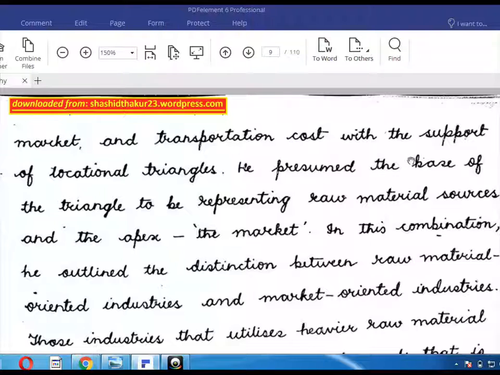He presumed the base of the triangle to be representing raw material sources, with the apex as the market. In this combination, he outlined the distinction between raw material oriented industries and market oriented industries.